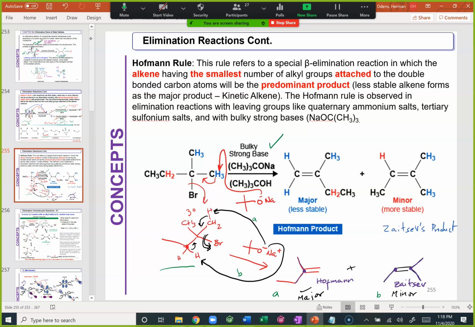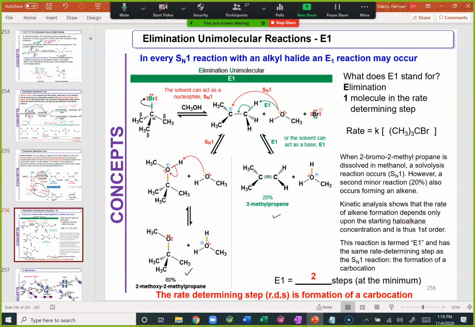Because your base is so bulky, it's harder for it to deprotonate here, so it's easier for it to deprotonate right there. All right? And so the Hofmann is preferred. So that's how Hofmann came to life.